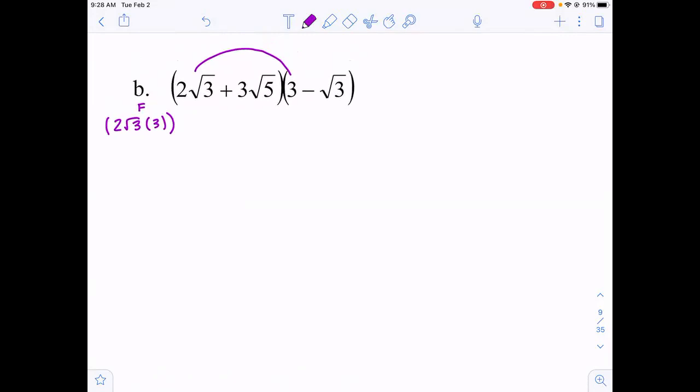I'm going to do my outside 2. Oh, I see a negative there, so now this is going to be minus, or maybe I'll just do plus and we'll worry about the minus later. So plus, I have 2 root 3 times negative square root of 3. So that's my O. Plus, now I have to take 3 root 5 times 3.